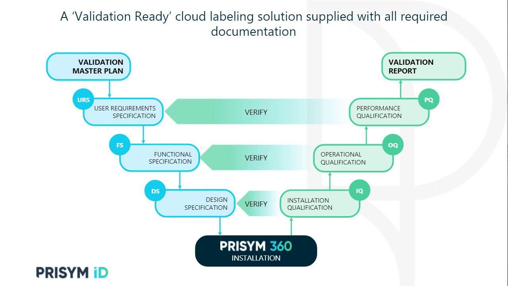So everything from the user requirement specification to the operational qualification can be leveraged from your supplier, leaving only the validation master plan and PQ testing and validation report to be added by the client or by yourselves.